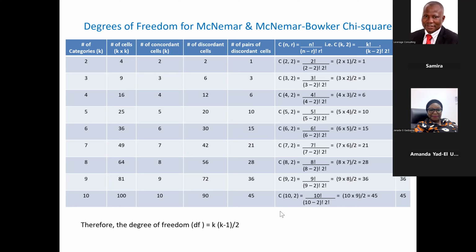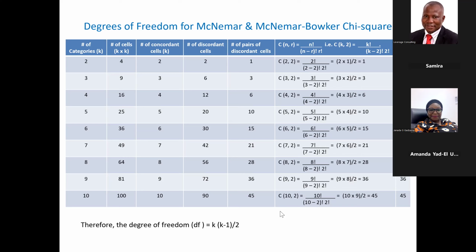Whatever you see, formula, table, sometimes in real life, it's just a model of the real life situation. So now let's move to the second row, which is the example we are using today: three categories, upper, middle, lower socioeconomic class. When you have three categories, the number of cells will be 3 times 3, which is 9. K times K, that is 9.